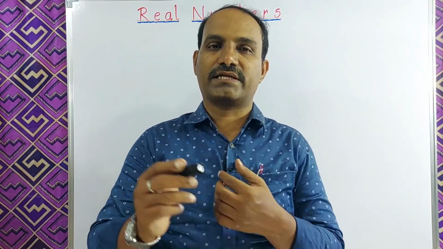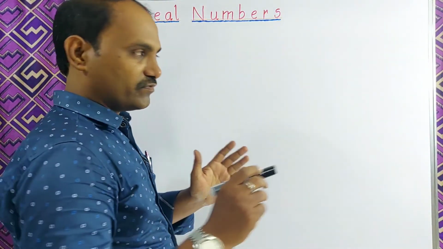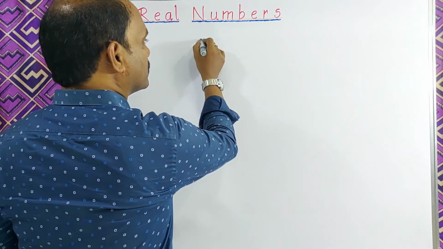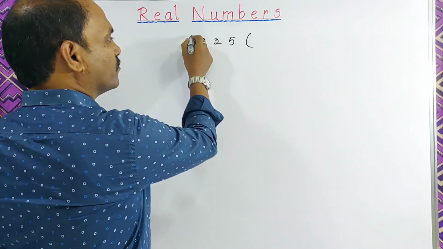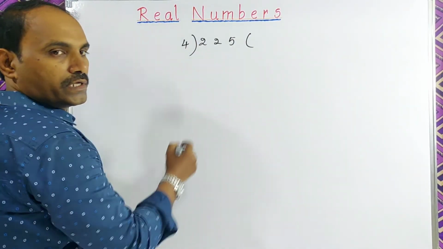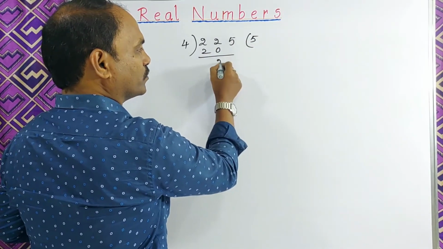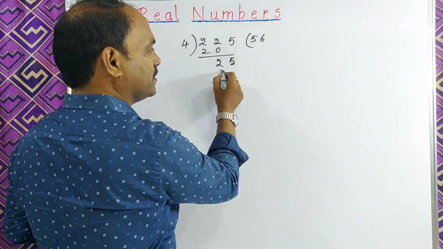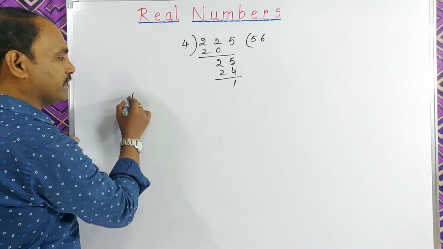Next is the division algorithm. Let us check what it is. From elementary classes, we learn one thing. For example, 225 divided by 4: 4 5s are 20, 2, 5, 4 6s are 24, 1. Then what do we write here?